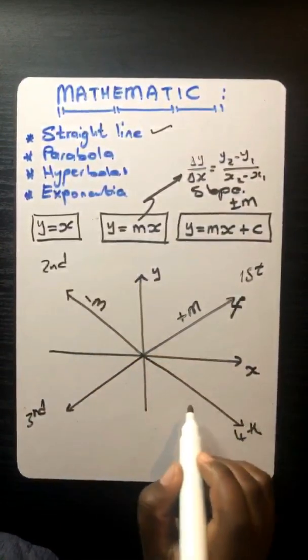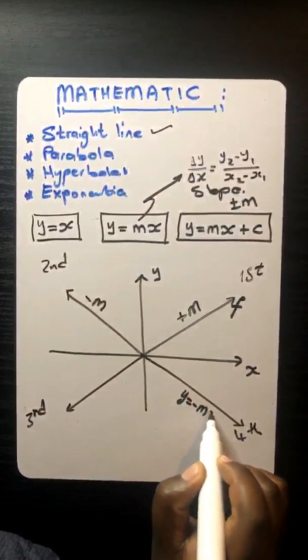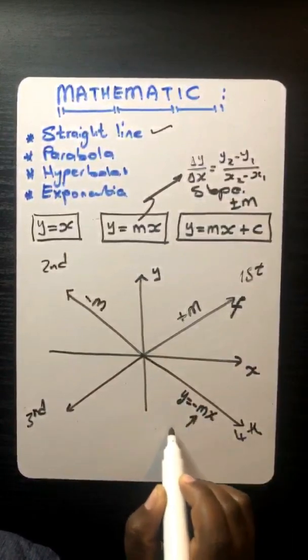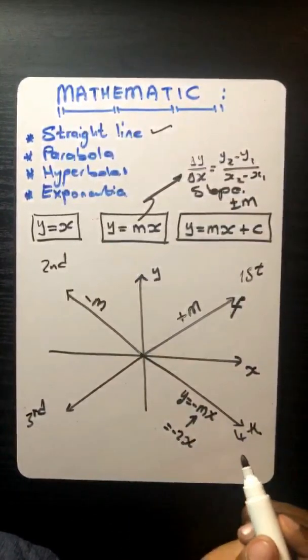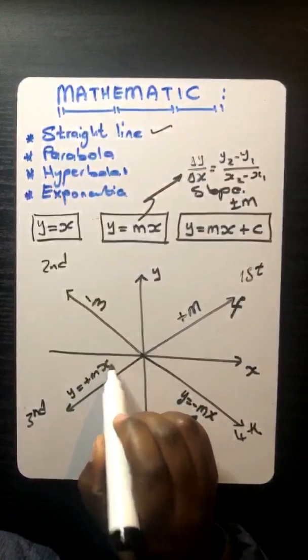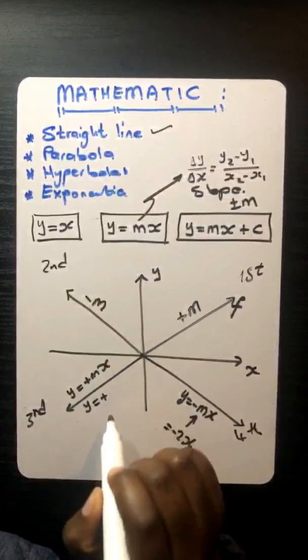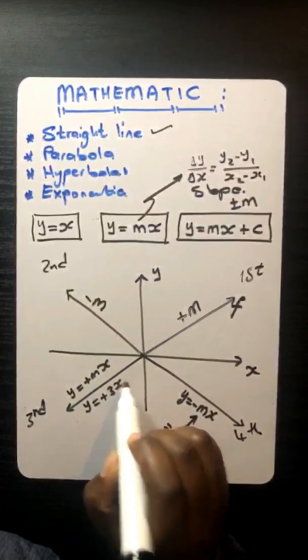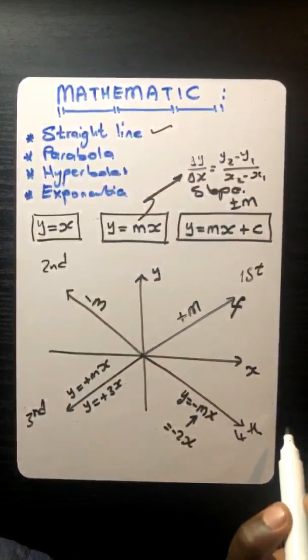So this could be a function of y equals negative mx, and that m could be maybe negative 2x or negative 7 or negative whatever. For this one, y equals positive mx, or in terms of numbers it could be positive 3x, or any positive number.